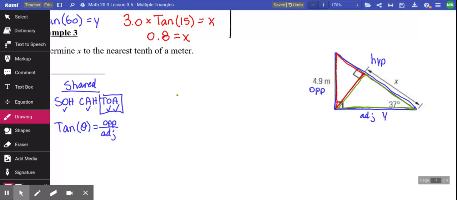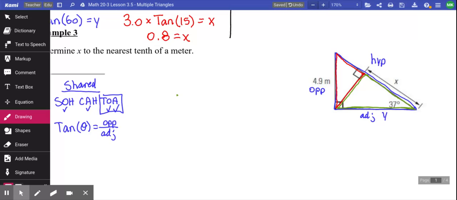I'm doing the blue triangle. So I'm trying to find this side by using my big blue triangle. By finding this side, I'll then have enough information on my green triangle to find that. So it's dividing, right? Yep.